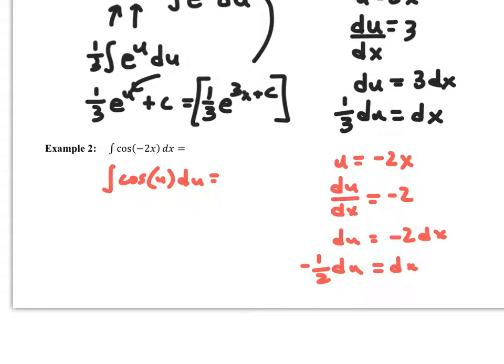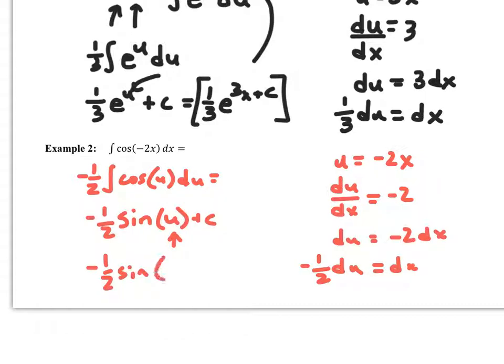So I can do a direct substitution by putting in negative 1/2 du. Okay, so the integral of this, what's the integral of cosine? Well, it's sine. But I have to do a substitution back in, and u was negative 2x. If I took the derivative of this, I should get cosine of negative 2x.